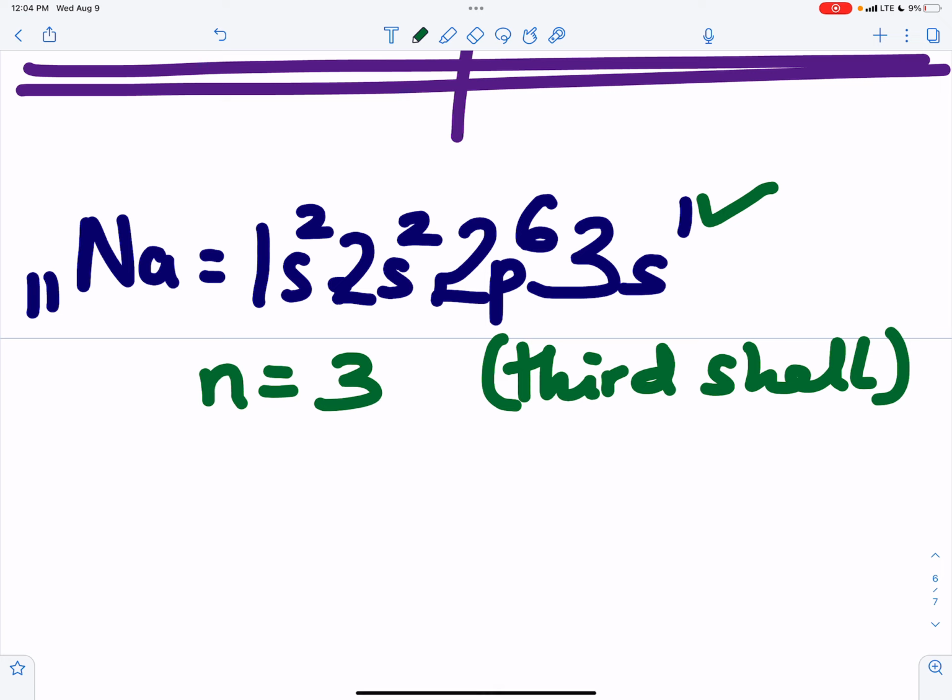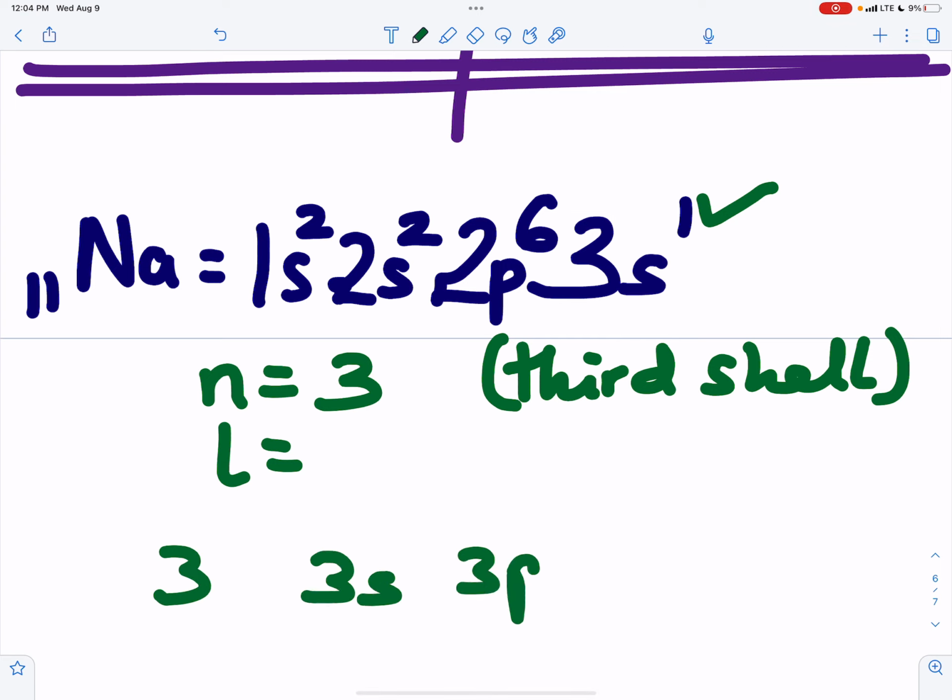Now, let's go to the second quantum number. What's the second quantum number? After principal, subsidiary, L. This one should tell us the subshell the electron belongs to. Now, the 3rd shell has 3 subshells: 3s, 3p, and 3d.